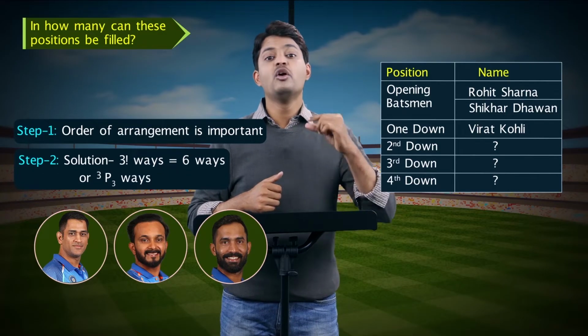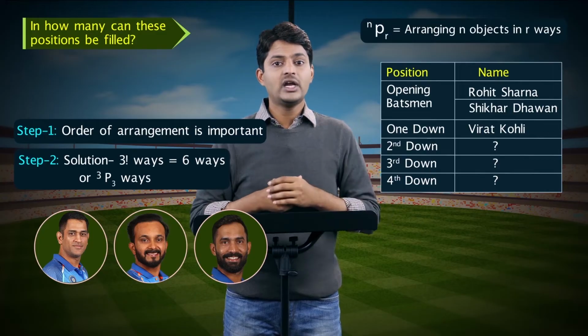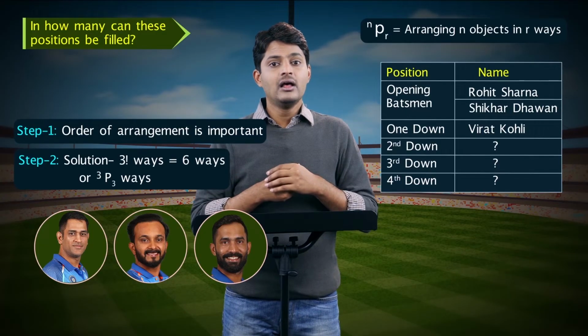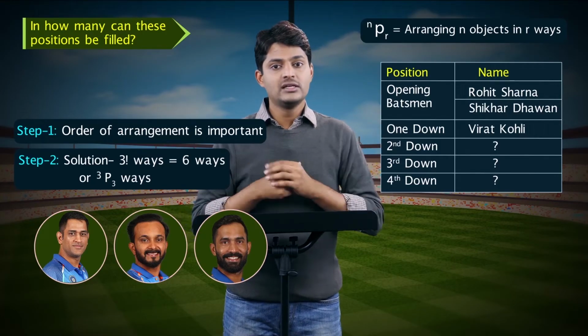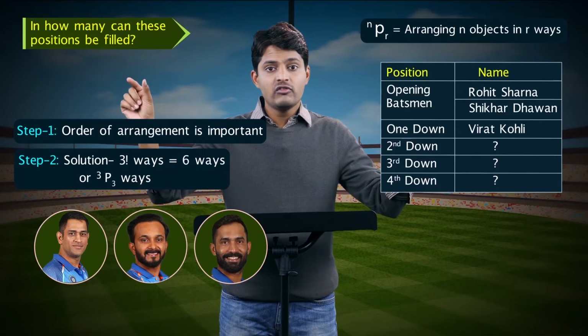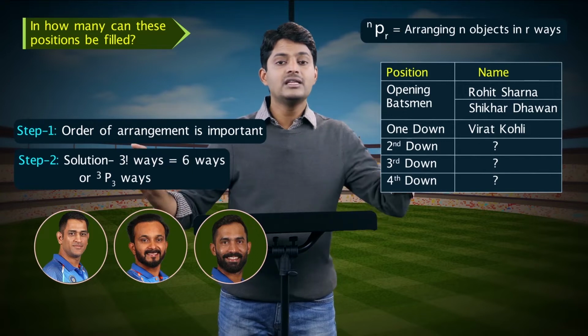Now I started using one more notation called nPr. What is nPr? nPr is nothing but arranging r objects in n places. In this case, the number of places available is 3, and the number of people I have to arrange is also 3. So I have to arrange 3 people in 3 places.